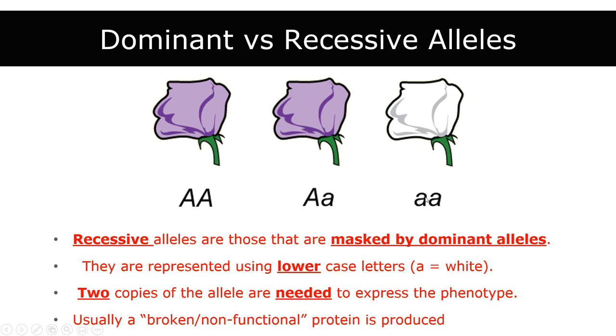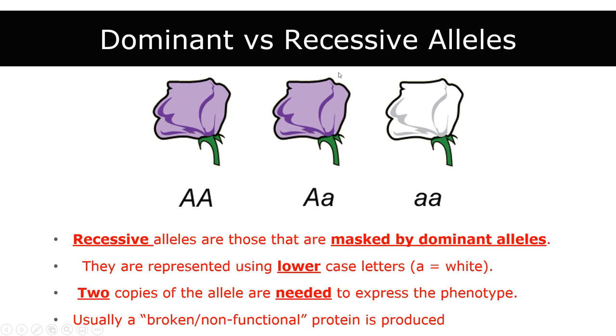You only see these recessive alleles when there are no working copies in existence, which is why for a lot of the heterozygotes, you will see the dominant phenotype when there's a mixture of alleles, because I have at least one working copy. You'll see this theme over and over again, where the dominant allele has a working copy present, and you usually only need one to work before you have a working phenotype.